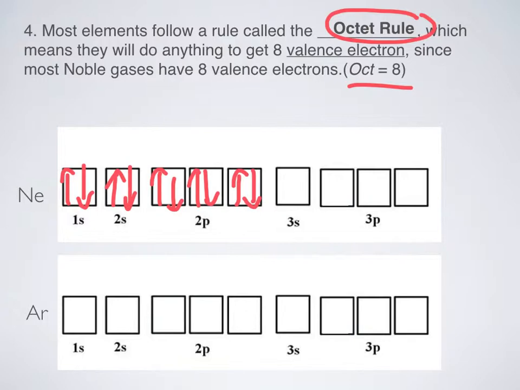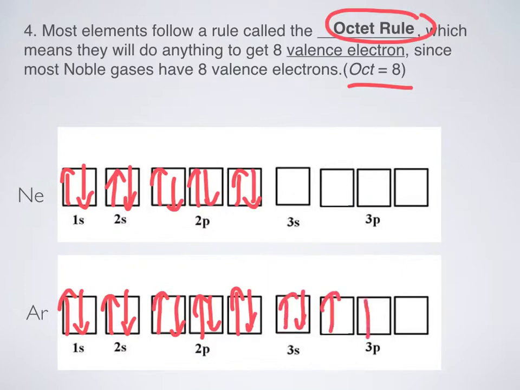Now for argon, I'm going to do the same thing and follow my rules, making sure that I keep track of how many electrons I'm supposed to have here. There we go. Argon has 18 electrons, and that is argon's electron configuration.